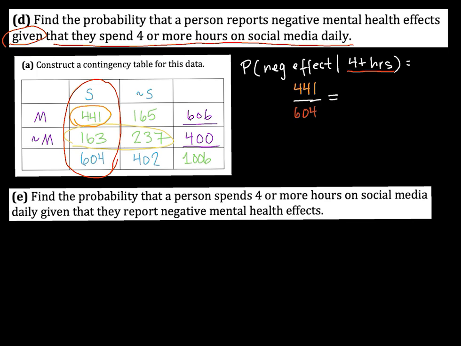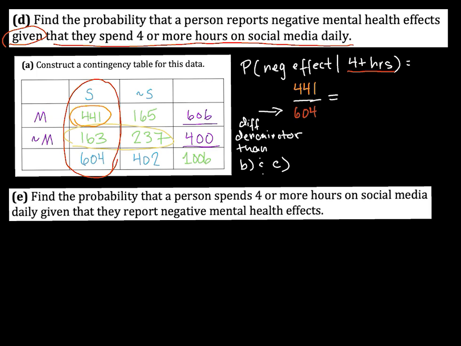And so I'm going to put that in the calculator. The reason why I'm not just leaving it as a fraction and putting it in the calculator is because this is a different denominator than B and C. And it's also going to be different in E as well.